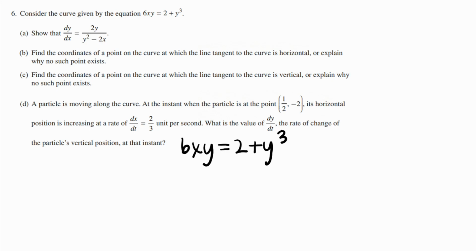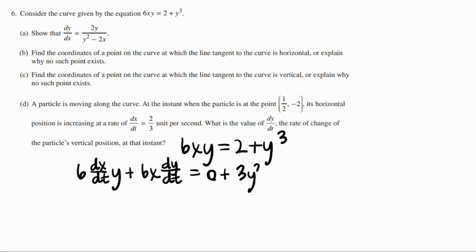The derivative of 6x would be 6 dx/dt. Leave y the same, then leave 6x the same and take the derivative of y with respect to time, and that'll be dy/dt. The derivative of 2 with respect to time is going to be 0, and then the derivative of y cubed is still 3y squared, but this time times dy/dt, because of the variable we're taking the derivative with respect to.